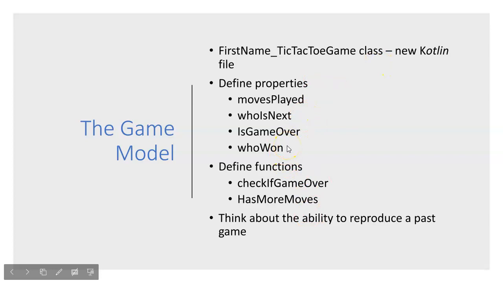Because ultimately, for the controller, it's not enough to know that the game is finished. It needs to know how it finished. Whether somebody won or was it a draw, or what message to display here in the view. And at some point, once the game is over, it won't accept any more moves. So that is okay. So what we will do now is we'll create a new Kotlin file, which will become our class for this model. And we'll implement these things in there.